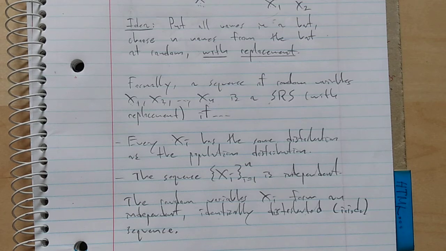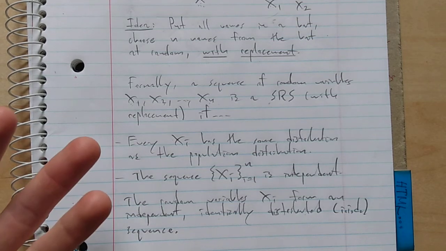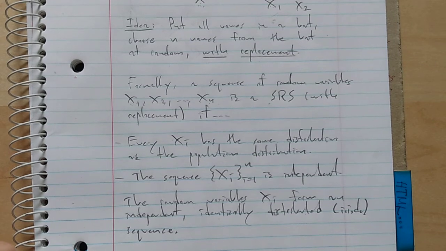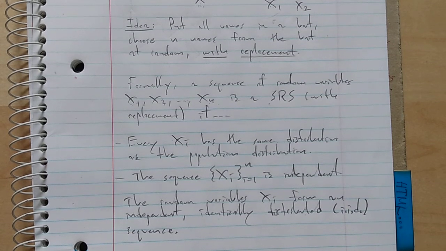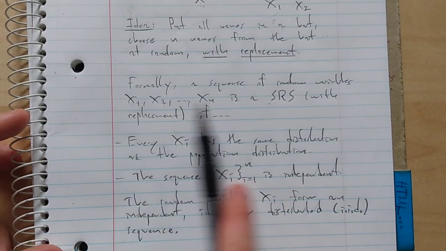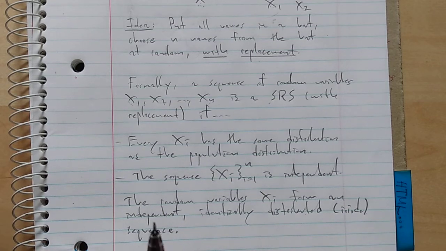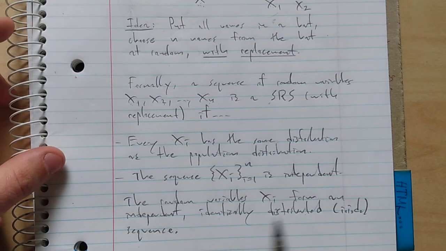If you want it to be a whole number uniformly at random between 1 and 10, then I'm really saying I'm getting 1, 2, 3, 4, 5, 6, 7, 8, 9, and 10 with equal probability. Same idea here, okay? I want to say a simple random sample to really emphasize that it's a very precise thing. It's not just willy-nilly selecting people at random, quote unquote, whatever that means. No, it means exactly this.